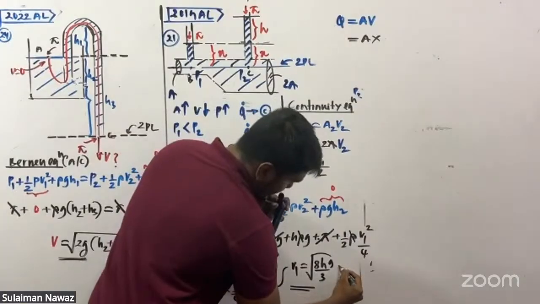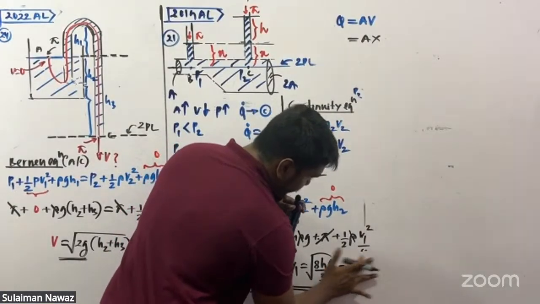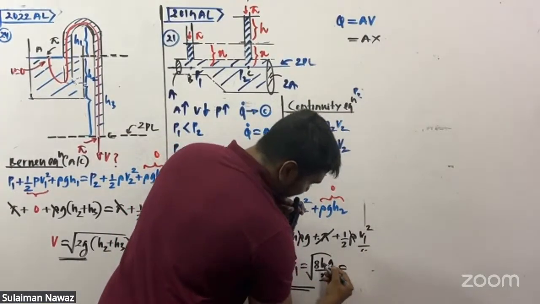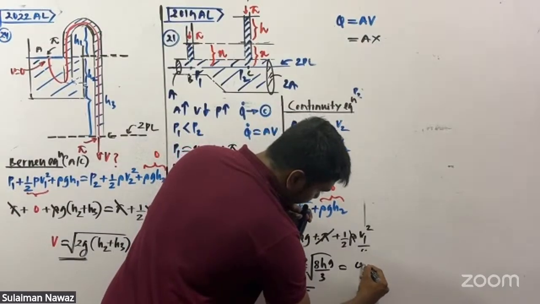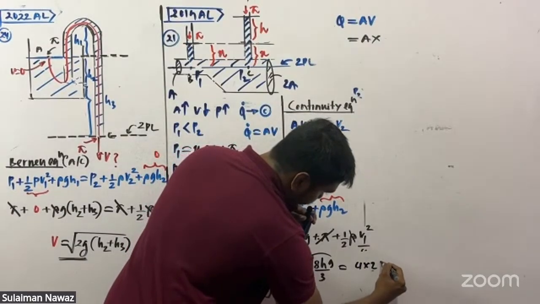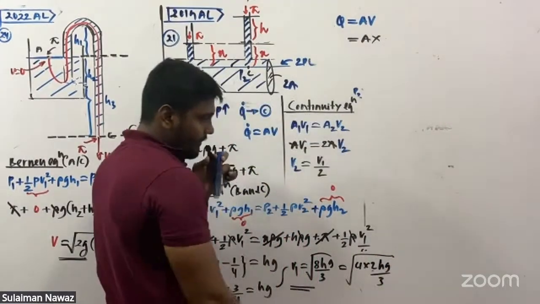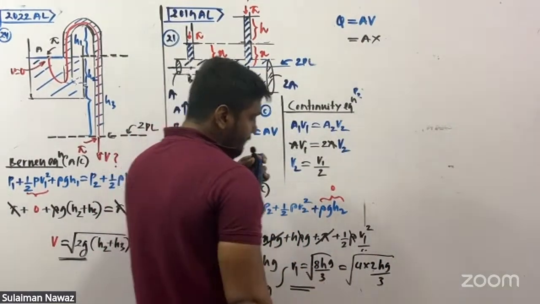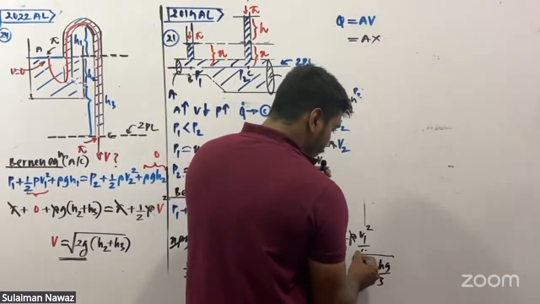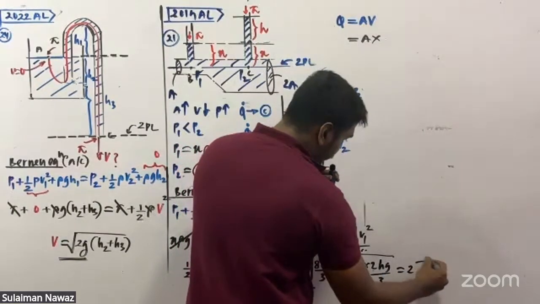Now look here, I can do small modifications. 8 hg is 4 into 2 hg over 3, all under the root. If I take the root of 4, it's 2.